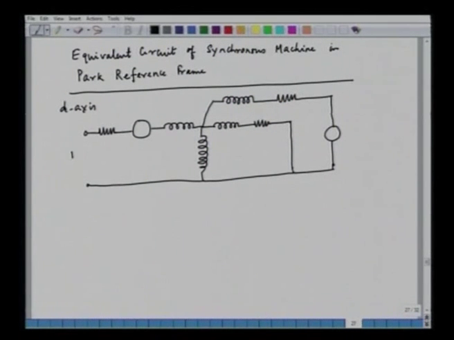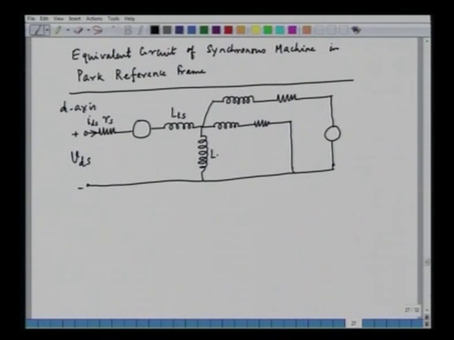So, this is our VDS, the applied voltage in the D axis. Stator is the stator resistance, and this is IDS, the stator current, and this is the rotationally induced EMF. This is the leakage inductance of the stator.